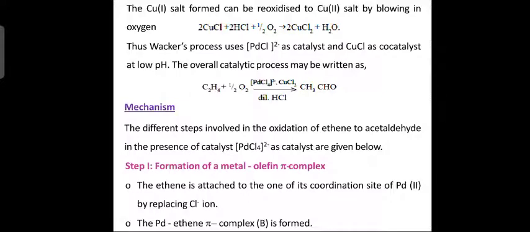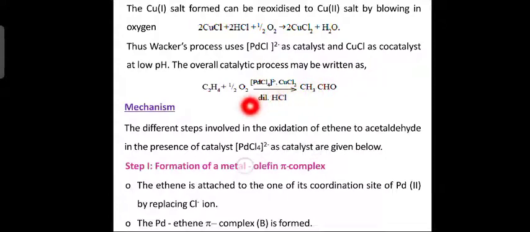And the ultimate reaction is this: C2H4 undergoes oxidation in the presence of tetrachloropalladate and copper chloride, dilute, giving CH3CHO. The summary of all these steps is here. This is the one reaction, so you need not write all the reactions.